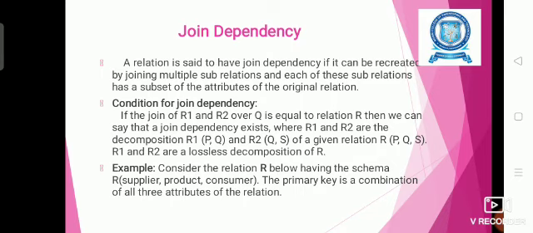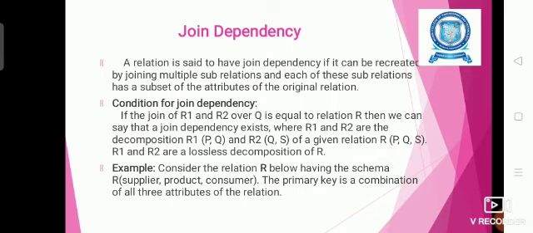If we get the original relation R with all the attributes P, Q and S after joining, this is called lossless decomposition of R. Also we are preserving the joint dependency.